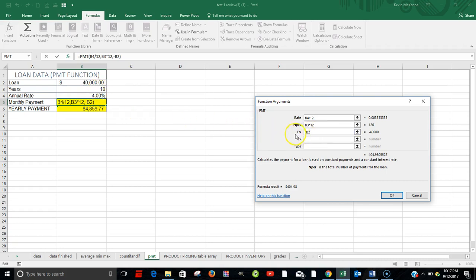And lastly, this PV is the size of the loan. It's hard to see here. I put in initially a minus sign, a minus B2. So the size of the loan is in B2, but I have to put in a minus sign initially to have that number show as a positive number.